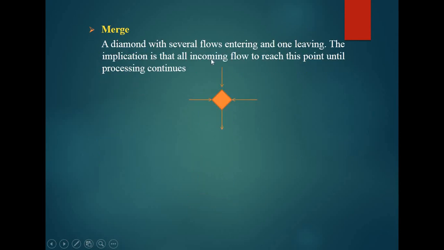The diamond with several flows entering and one leaving, the implication is all incoming flows must reach this point until processing continues. Means here you can say there are 3 inflows and 1 outflow, means 3 activities can be merged here and only a single activity will go out from it.